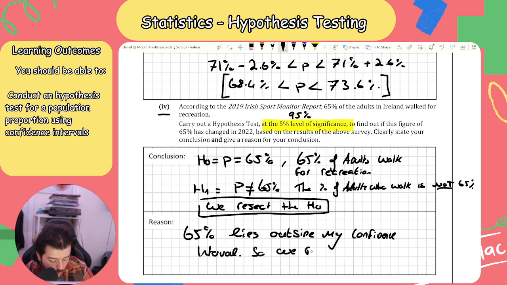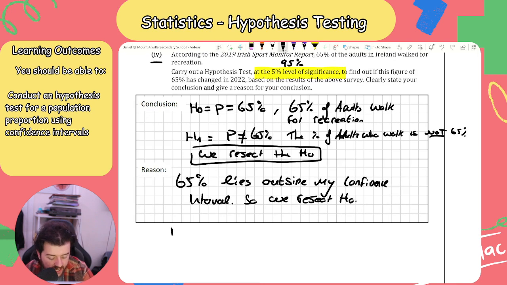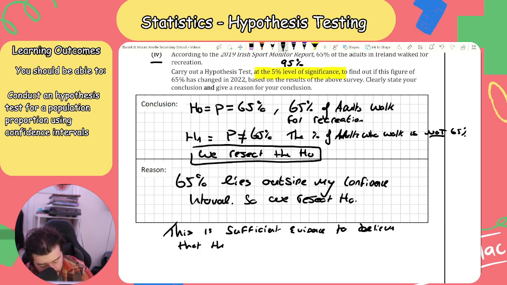So we reject the null hypothesis. So this is sufficient evidence to believe that the population proportion has changed from 2019, right?